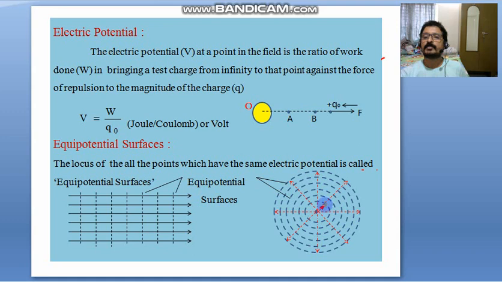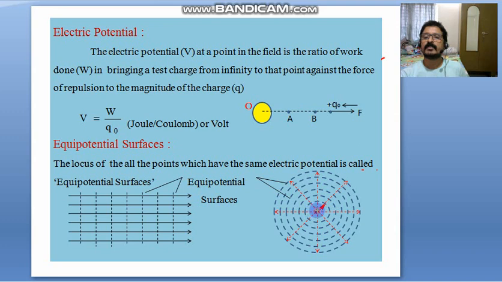At this point, suppose we have an electric potential V1. Then every point on this circle has the same value V1. Why? Because it depends only on the distance. Therefore, at every point on the circumference of this circle, the electric potential is the same.